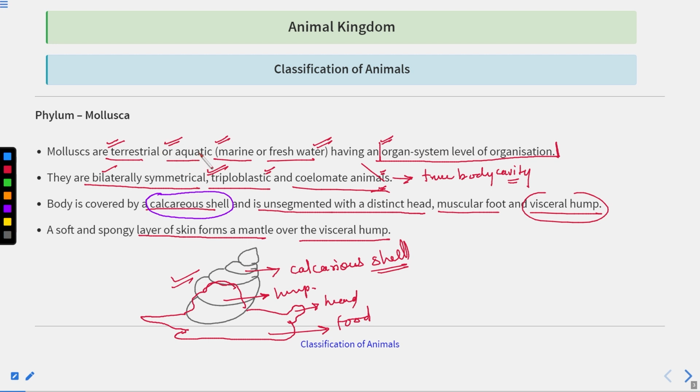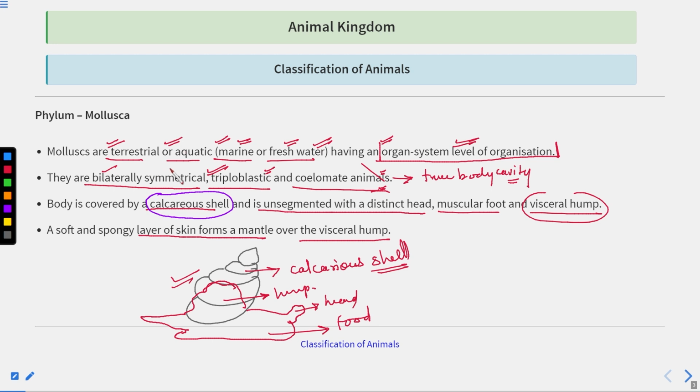In the aquatic form, some are found in the marine environment, whereas some are found in freshwater. The octopus is found in the marine environment, and they have the organ system level of organization. We can see the different organ systems: respiratory, digestive, excretory and circulatory.